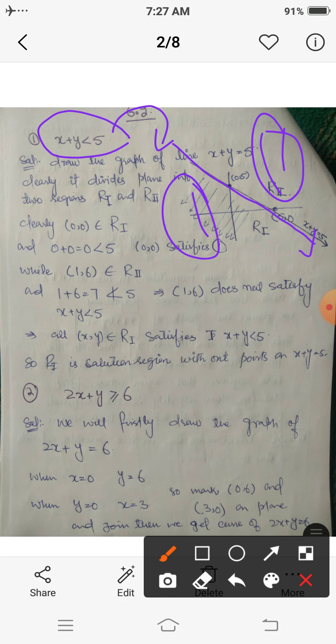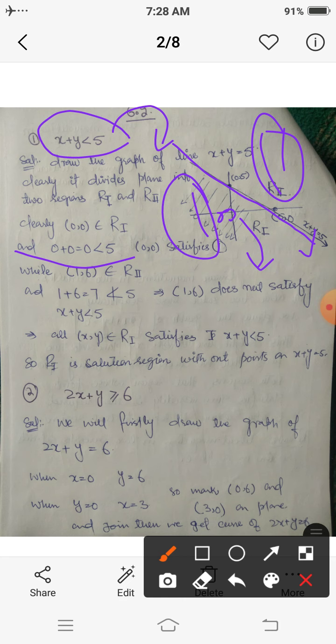Now in region R1, the origin is a point in this region. Usually we check this point in the given inequality. If we put x equals 0, y equals 0, we get 0 less than 5, which is a true statement.